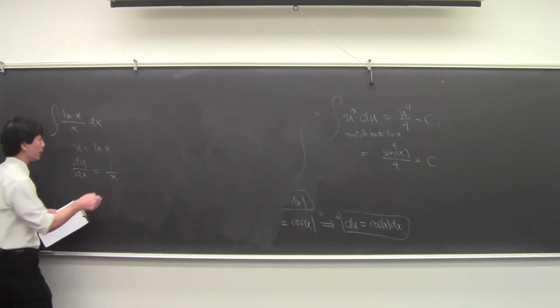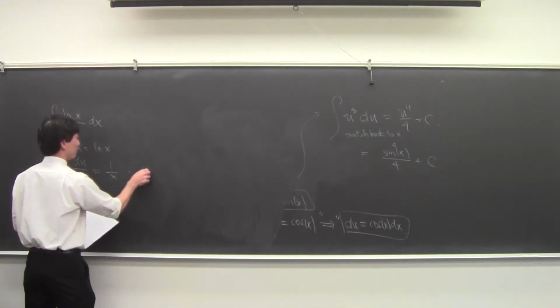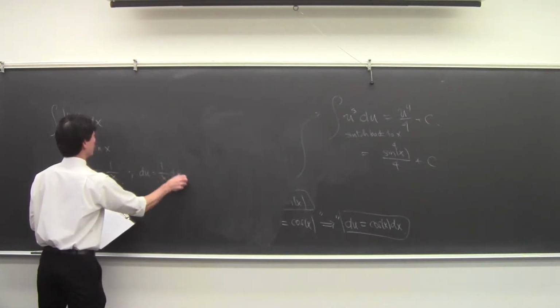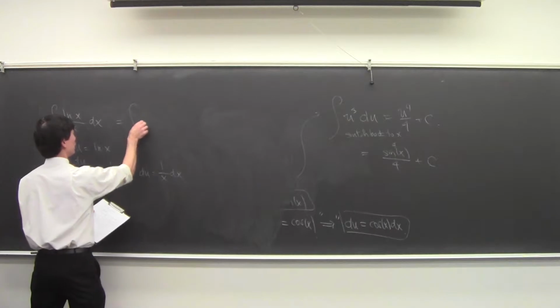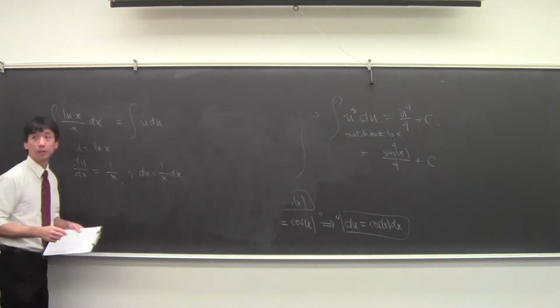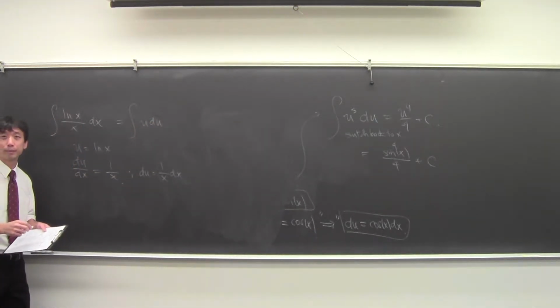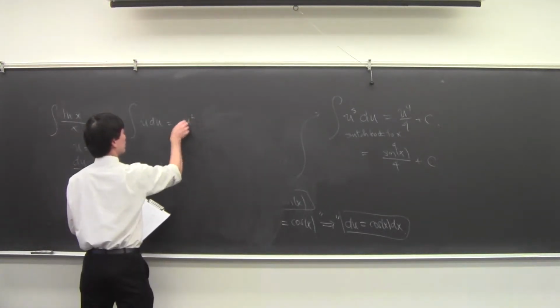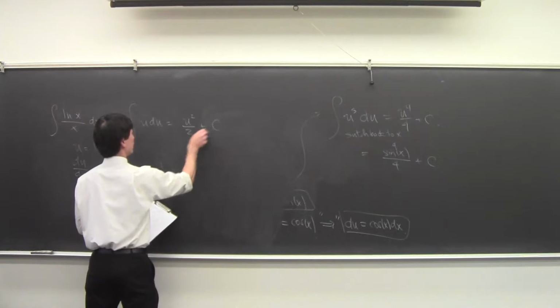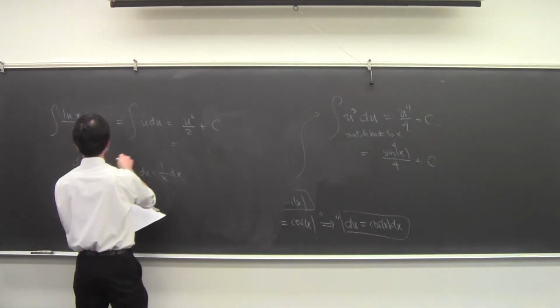So my du is 1 over x dx, and we rewrite this thing as u du. Everybody okay?